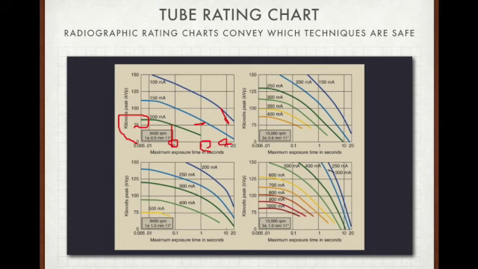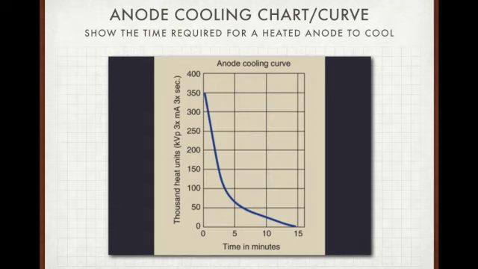But what was confusing me was the anode cooling chart. So this is telling you how long you have to wait for your anode to cool back down. And this wasn't making sense to me, because I was thinking, wait a minute, this looks like it's saying if we're at 350 heat units, that I wouldn't have to wait at all.